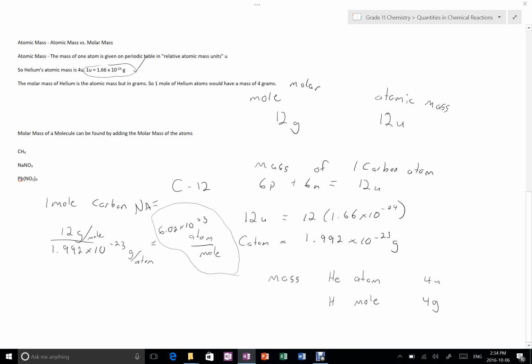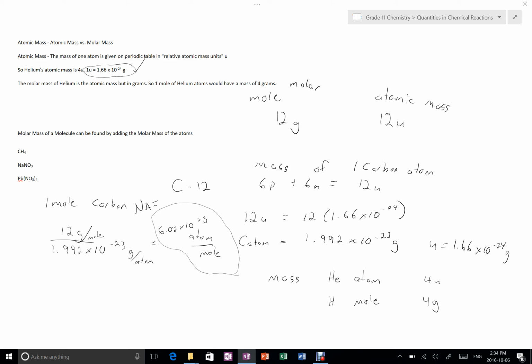We use the same number, just different units, keeping in mind that the U represents the mass of an individual proton or neutron. So when we say 4U, we're saying 4 protons and neutrons. So 4 times that mass gives us the mass of the atom. And 4 grams, that's the definition of how big a mole would be for that substance.